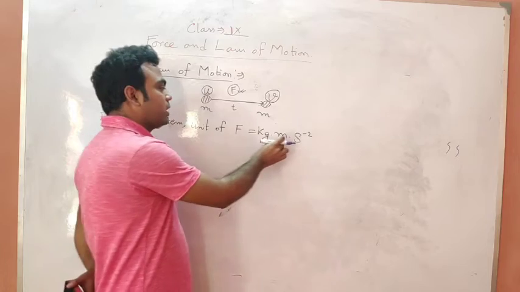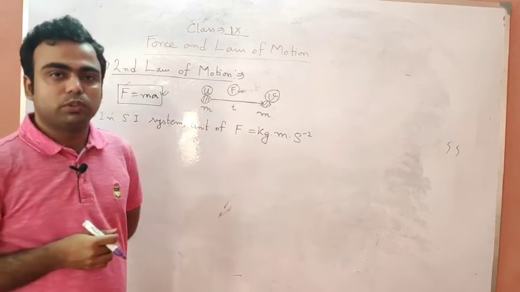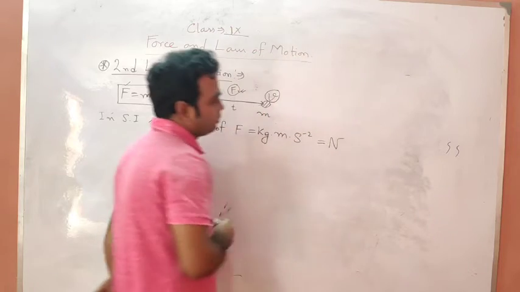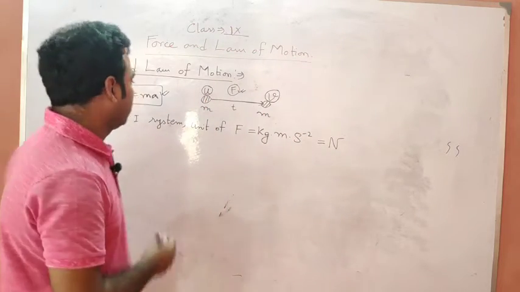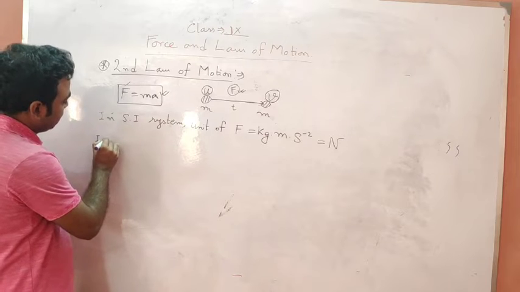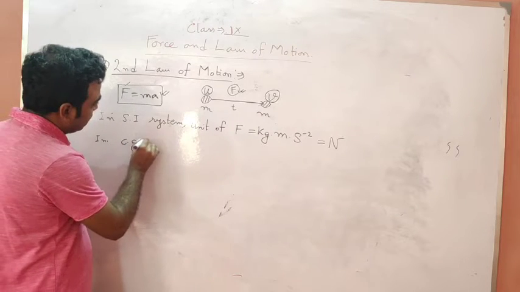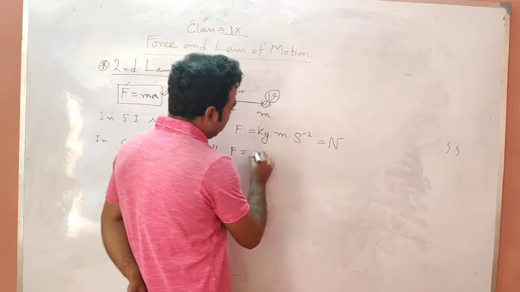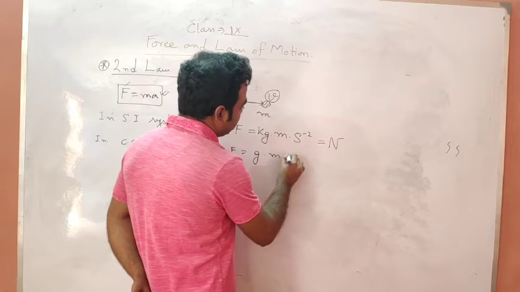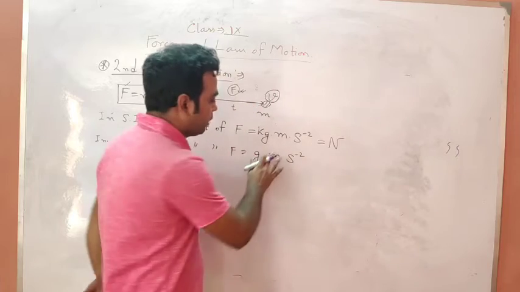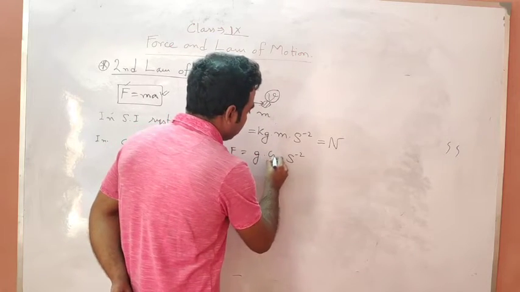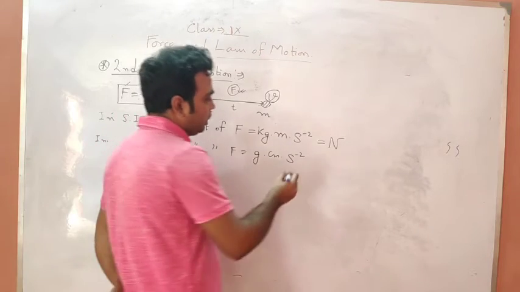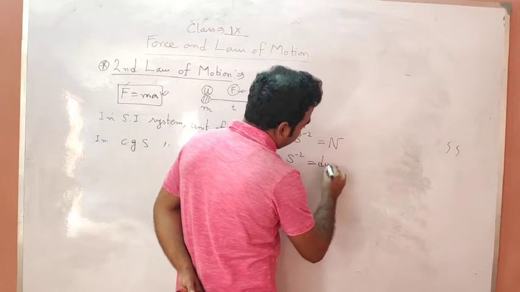So this is the SI unit of force. We call it Newton. And in the CGS system, unit of F equals gram centimeter second to the power minus 2. It is called dyne.